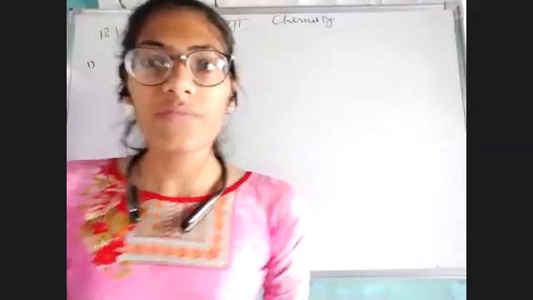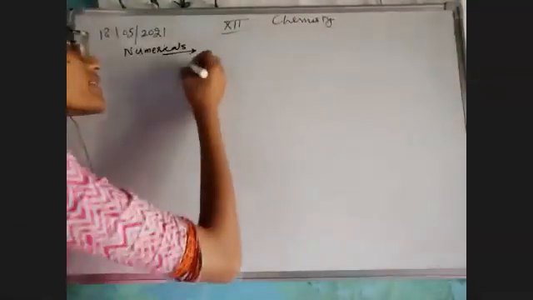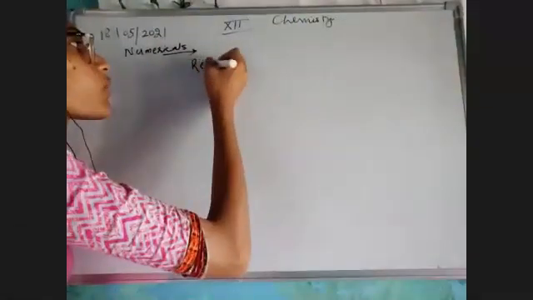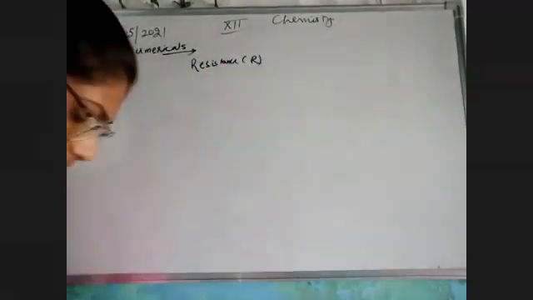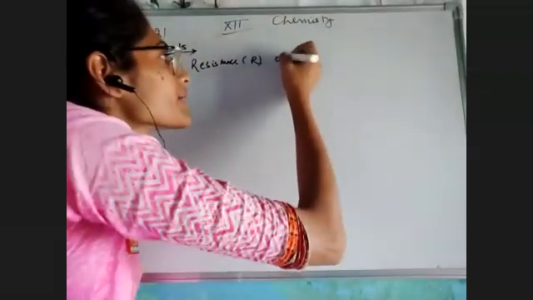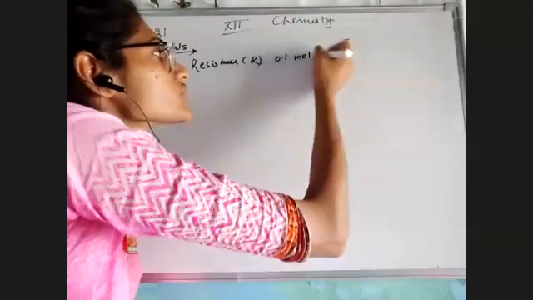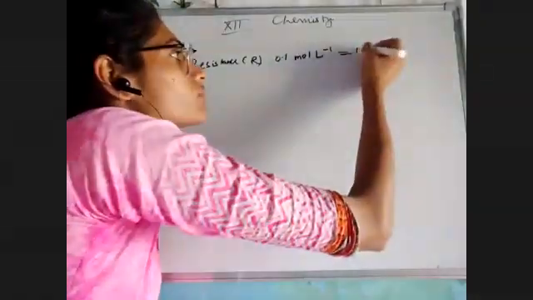First, start with the first question given in your NCERT textbook. We have been provided with the resistance of a conductivity cell. The resistance of the cell with 0.1 mole per liter KCl solution is 100 ohm.